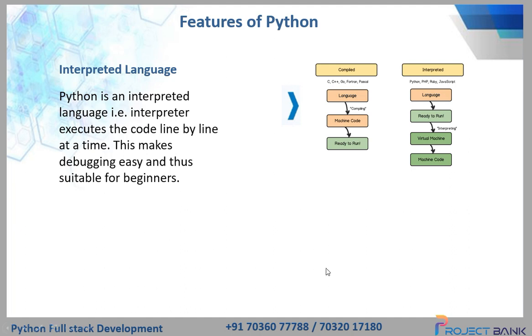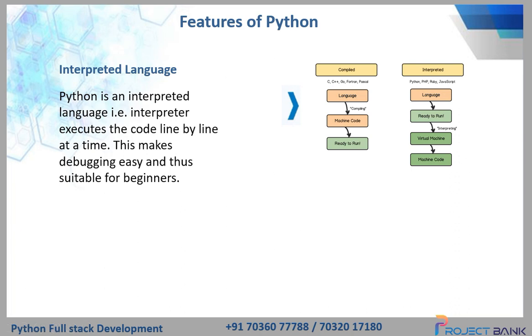That is the case with a compiler, but here we are not using a compiler. You can observe that C, C++, Go, Fortran, Pascal are all using a compiler. Whereas Python, PHP, Ruby, JavaScript are all interpreted, and we can also call them scripting languages.